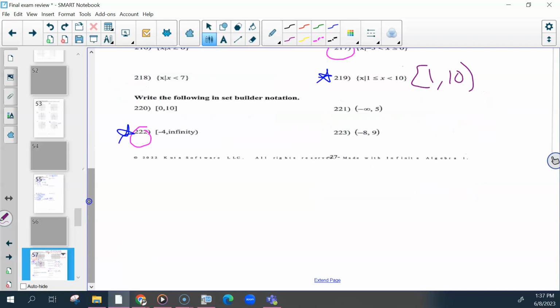And then for 222, when we made this, it didn't like the infinity symbol for whatever reason, so we wrote out infinity. But you're trying to make this look like one of these. If it starts at negative 4 and it keeps going to infinity, it's going to be everything above negative 4, or greater than. It's a bracket, so greater than or equal to. You can use x or y, doesn't matter.